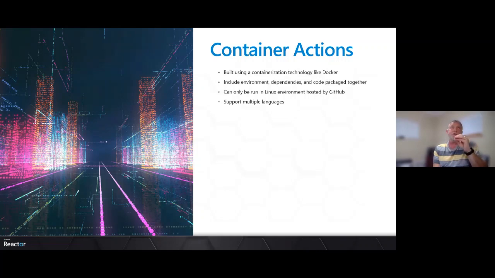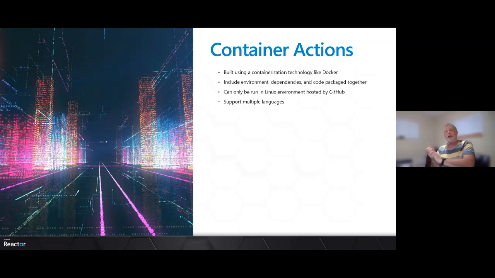The key about containers is the ability to package up the environment, runtime dependencies, and the code, all as a self-contained reusable unit of execution. So container actions give us the ability to build up that environment, dependency, and code combination.